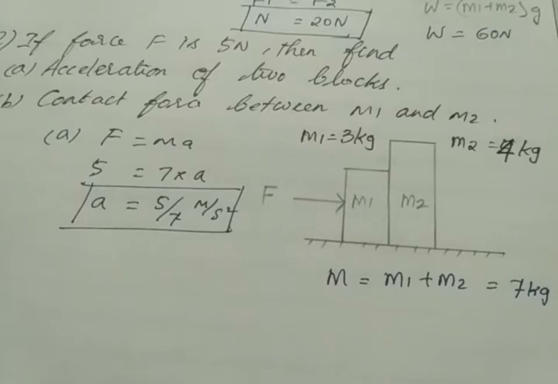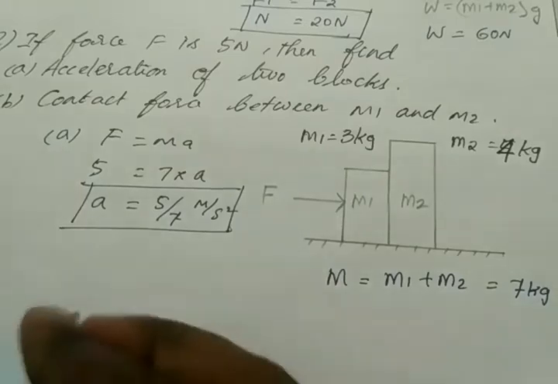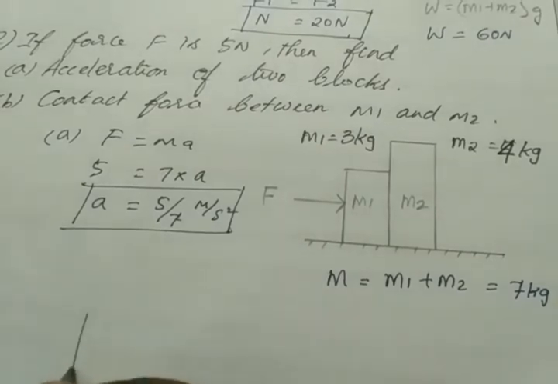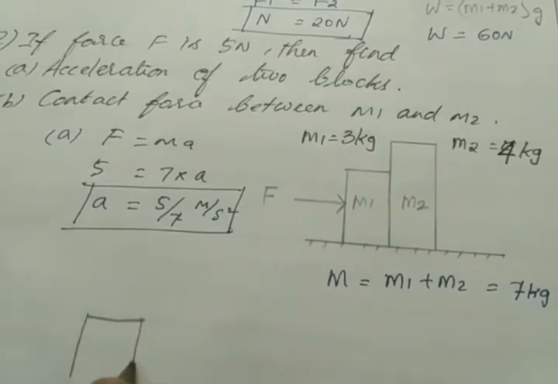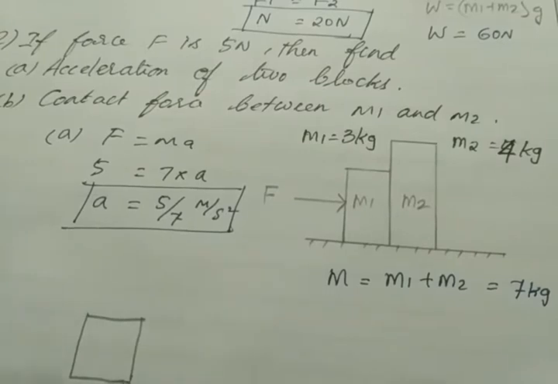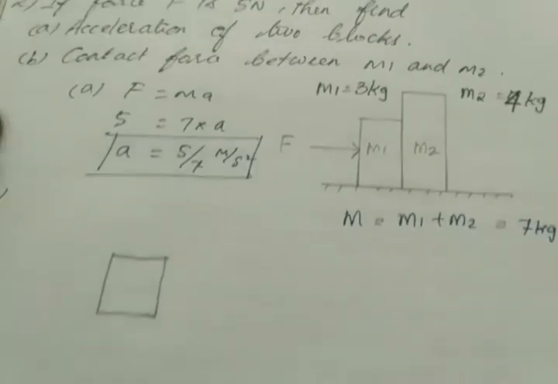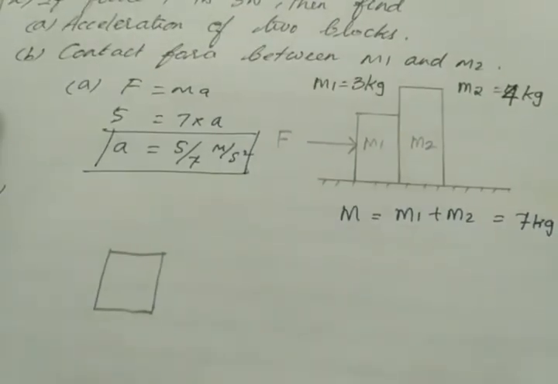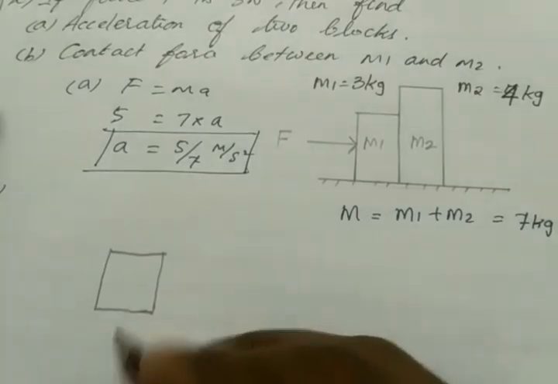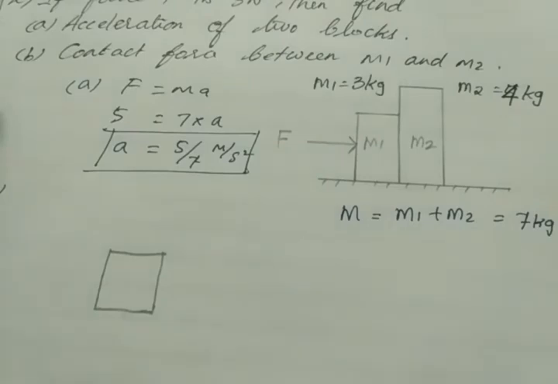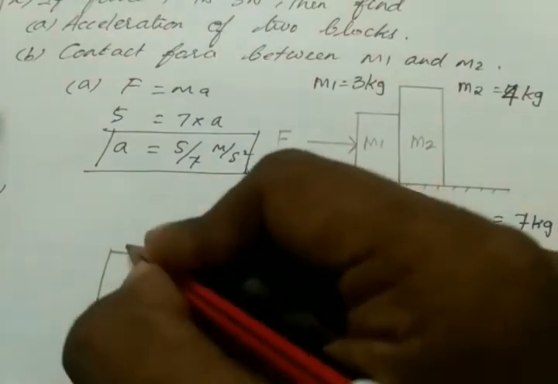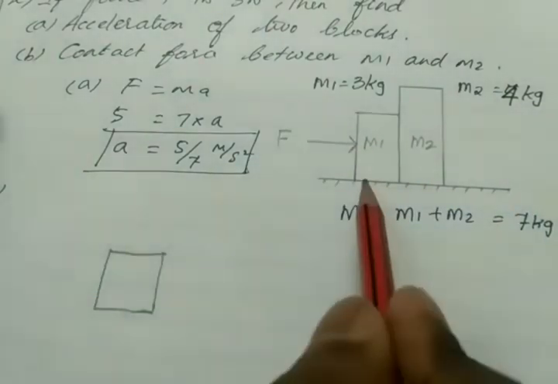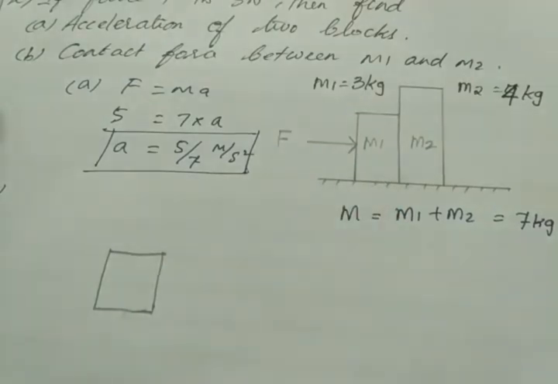Okay, so here we take the mass M1. I draw the free body diagram for mass M1. So what are the forces acting on mass M1? Here we have the weight force, right, in downwards, and in upwards we have the normal force provided by this surface, right?